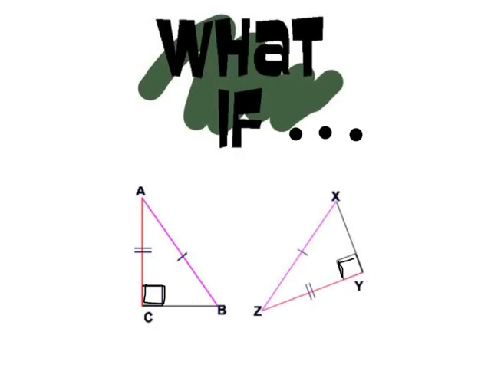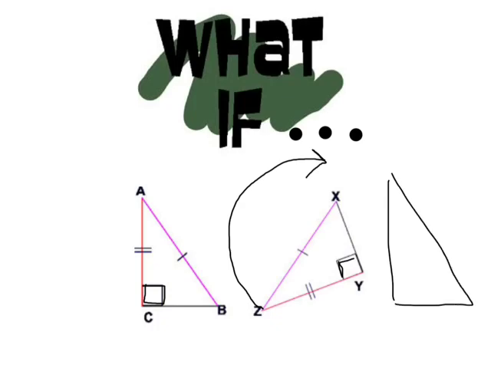So what I would be able to do is I would probably rotate this to the right and set it up, and you can see that once it's rotated that way, they match up, right? Here's Z, X, Y, this side, and this side. So you can see that they are the same. You just needed to turn one. So keep that in mind.